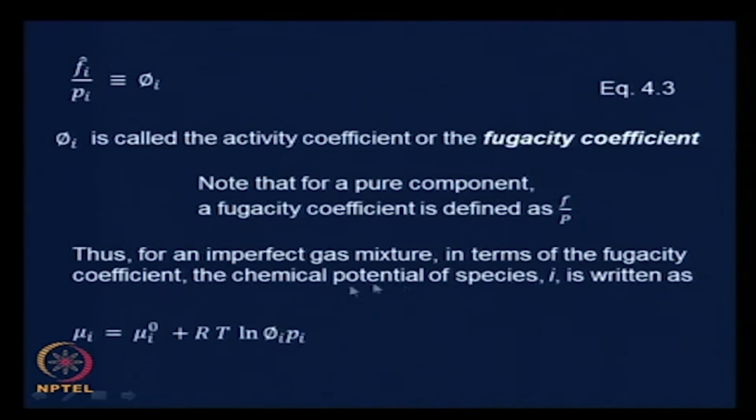Therefore, we could write mu equals mu i naught plus RT ln phi i Pi for an imperfect gas mixture, and if we expand Pi into P yi, total pressure times the mole fraction, we get mu i naught plus RT ln phi i P yi as the expression for mu i.